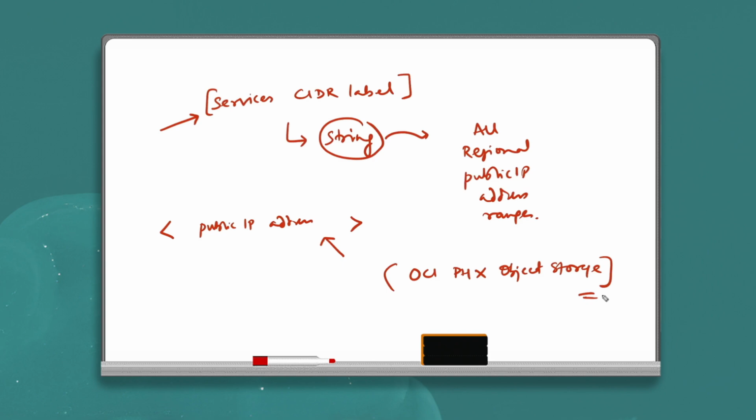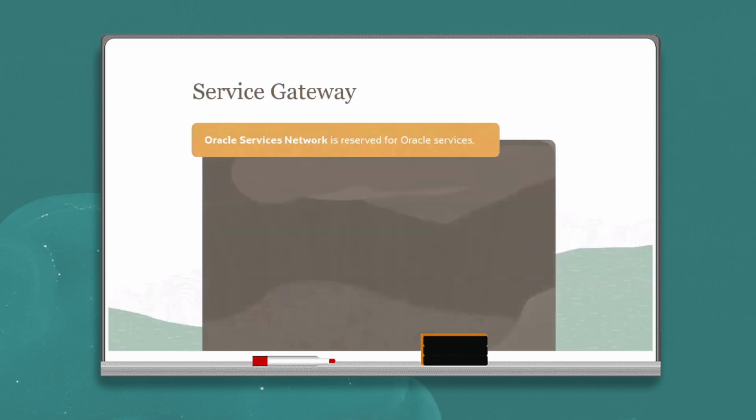Now let's move to the deck and talk about service gateway. As I mentioned, Oracle Services Network is reserved for Oracle services. And typically, how do we access those services in the OSN?